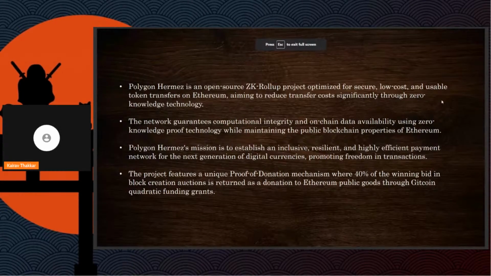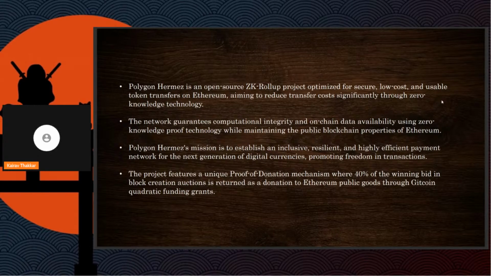Now, these networks ensure computational integrity. So you have a Polygon Hermez Zk Rollup solution allowing transactions to move on this layer 2, and it makes the data availability and computational integrity available. And with the help of zero knowledge proof technology, the validity, privacy, and security of these transactions maintain the properties of the Ethereum blockchain.